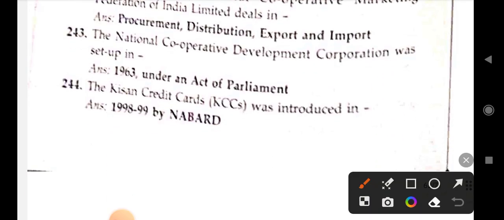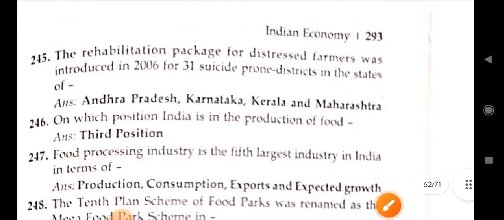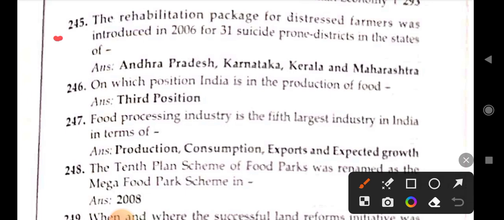Next, Kisan Credit Card (KCC) was introduced in 1999 by NABARD. Next, the rehabilitation package for distressed farmers was introduced in 2006 for 31 suicide-prone districts in the states of Andhra Pradesh, Karnataka, Kerala and Maharashtra.